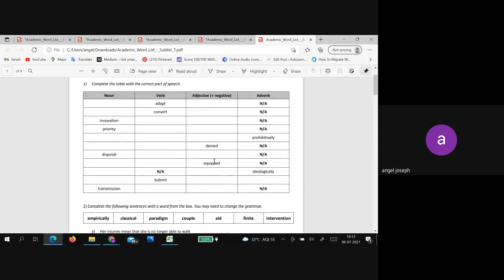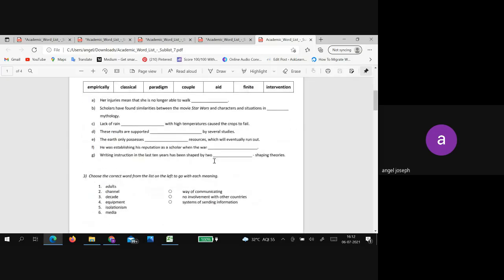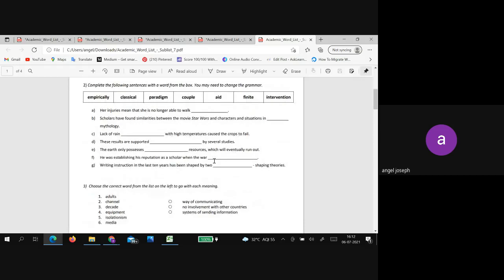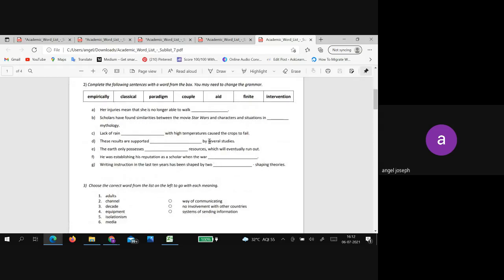So sublist 7, we'll go. Acha, you guys have already, so I would want you, what do you mean by this word paradigm? Anyone knows the word paradigm? Paradigm is actually a word that is used for an example. Okay, an example. Write it down, kids.